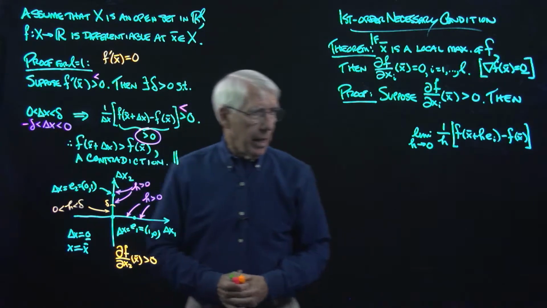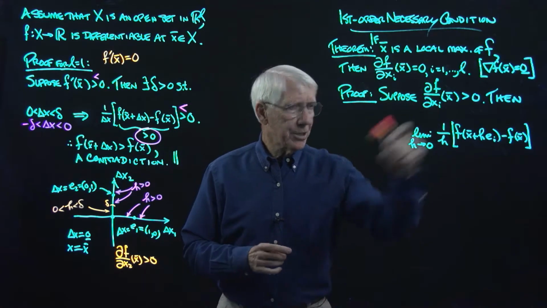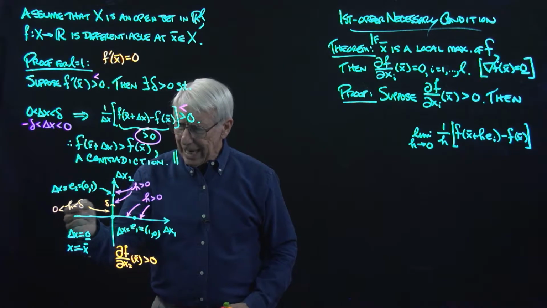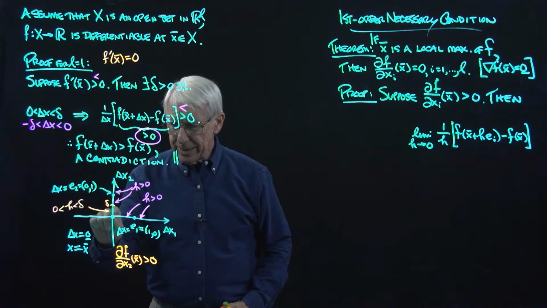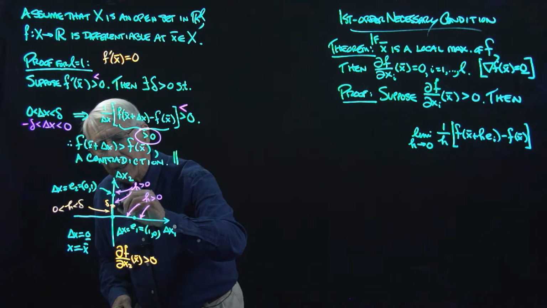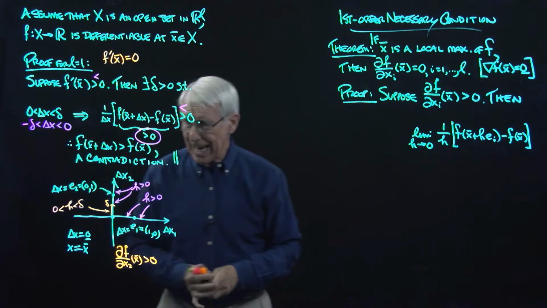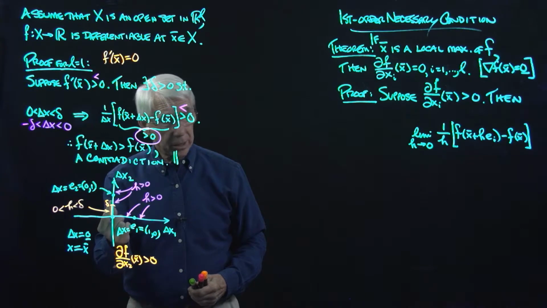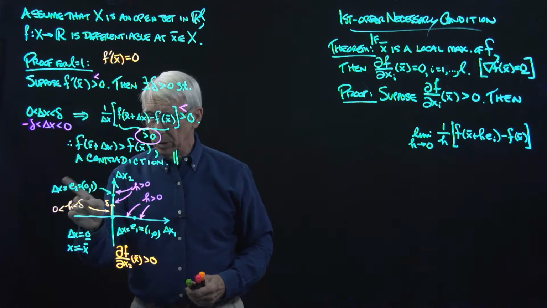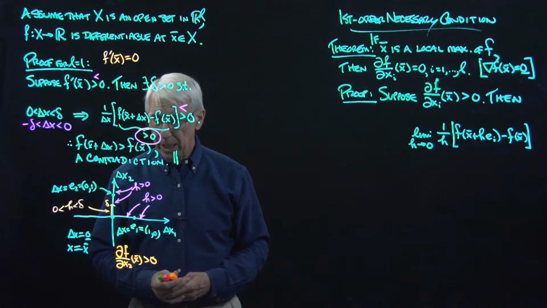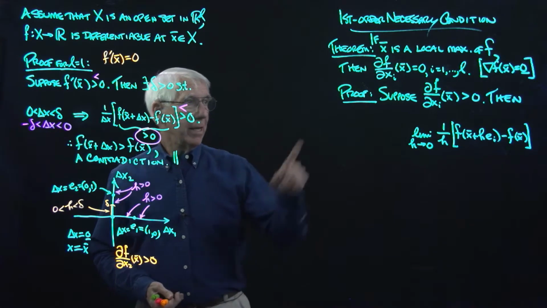So if this limit is positive, that says I can find a delta small enough that every h that's less than that delta puts me in here, with a delta x that is a multiple of e2 in this case.